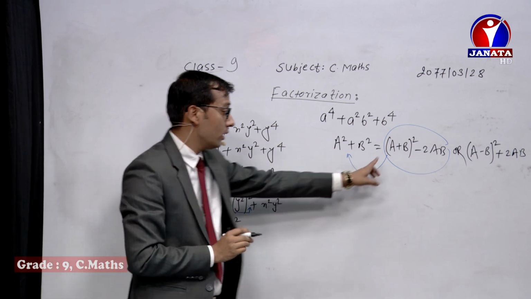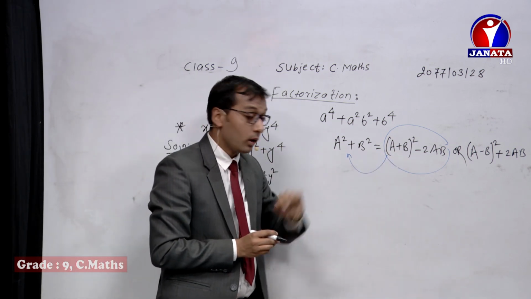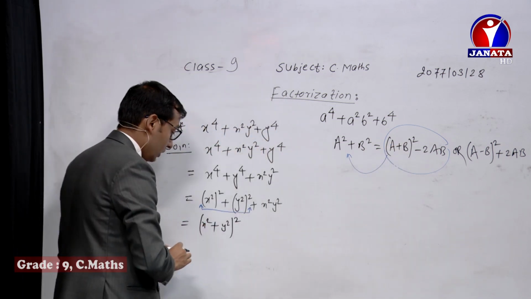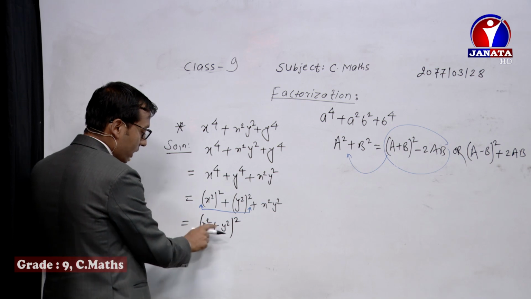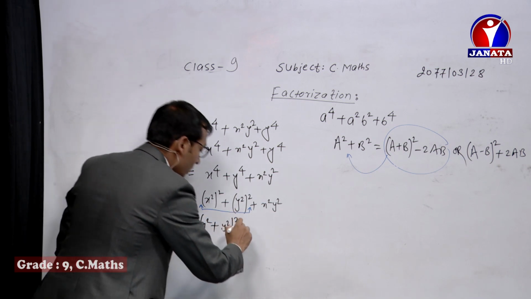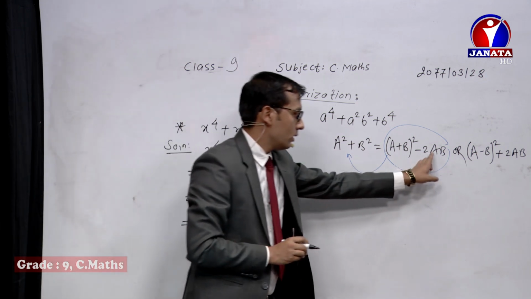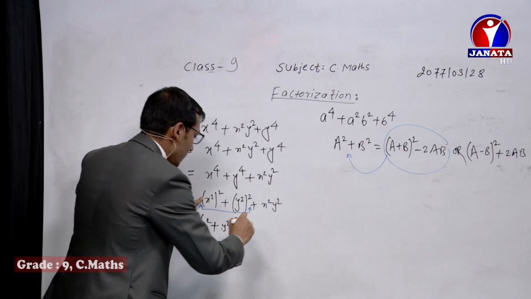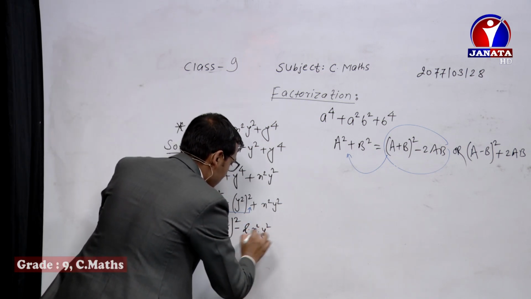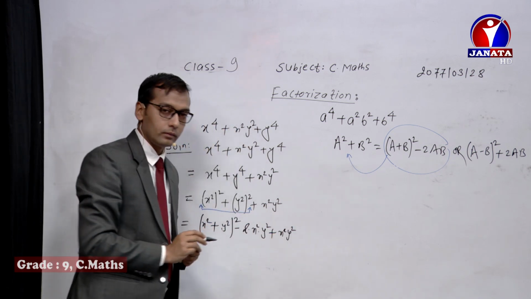Let's have a short look at this formula again: a plus b whole square minus twice of ab. a is x square, b is y square. So a plus b whole square minus twice of ab, a times b: x square times y square. And let's write the last term as it is.